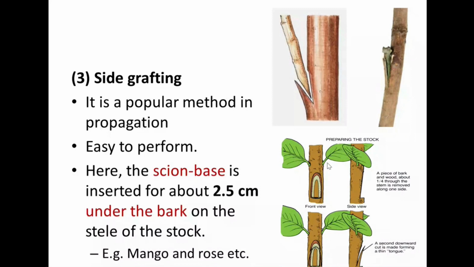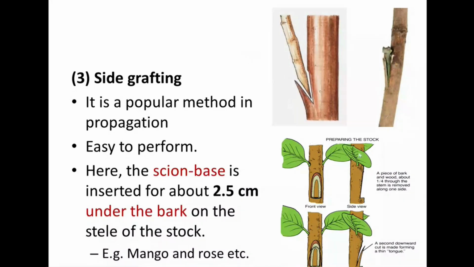Gradually it will develop. This will resprout and give rise to a new branch. That branch will bear a new variety of fruits or flowers or whatever we want, whatever quality we desire.